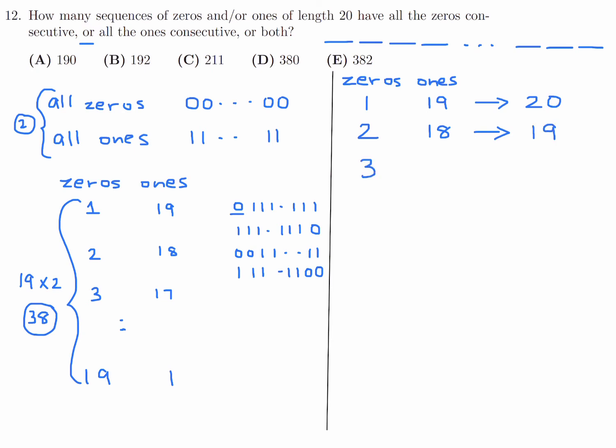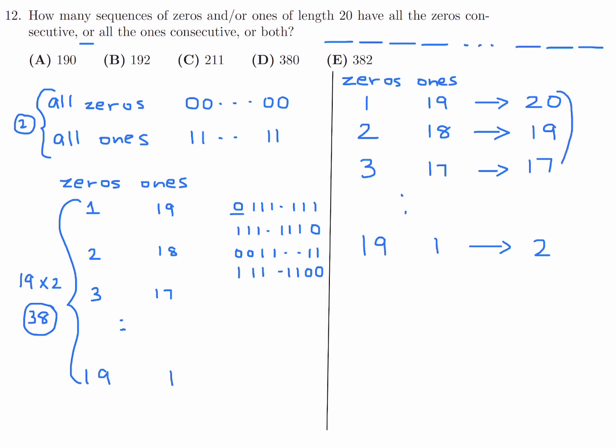If there's 3 zeros and 17 ones, the 3 zeros can go either at the very beginning, or you can shift them over, and you can shift them over, so on. And there's 17 ways of doing that, and so on down, right? All the way down to the very last one, which is 19 zeros and 1 1. And there's only 2 ways of shifting those 19 zeros so that they remain consecutive.